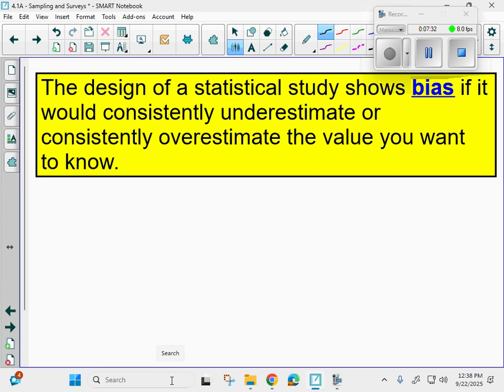So bias, honestly, is just anytime it's not the right answer. It's not even close. We somehow created bias where we overestimated what we were trying to find or we underestimated what we were trying to find, basically by surveying poorly. So a convenience sample will create bias. A convenience sample is not a good way to estimate.